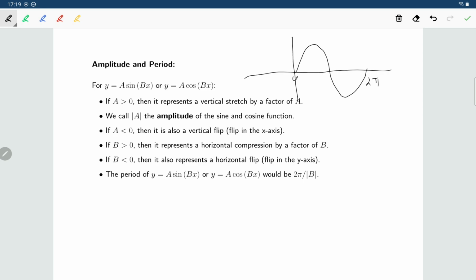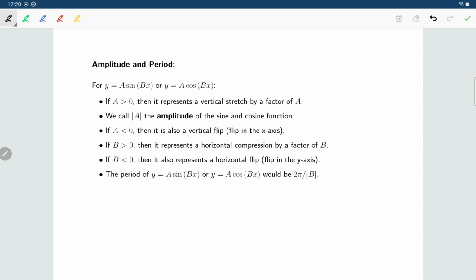If you were to stretch it out, then you'd be increasing the period, making it take longer before the function repeats itself. Or if you compressed it horizontally, you'd be shrinking that period and making it repeat itself more frequently.